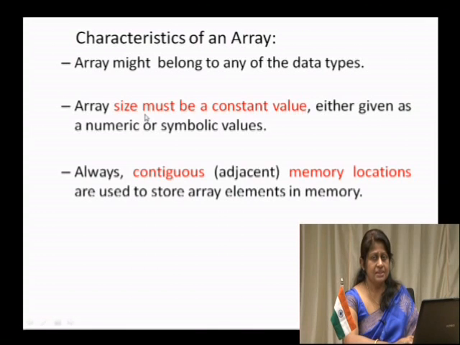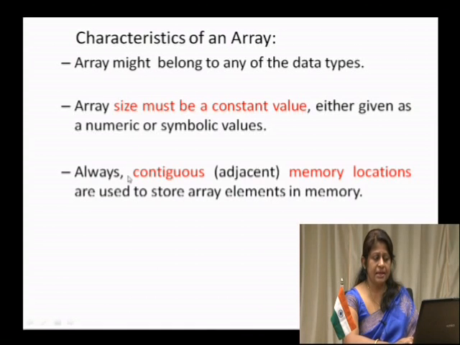This constant value could be given by a number or by a symbolic value. Say I say size is equal to 5 and then I say array of size, meaning that my array will consist of 5 elements.